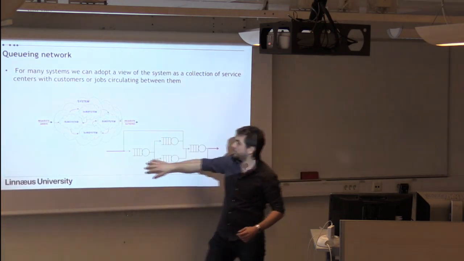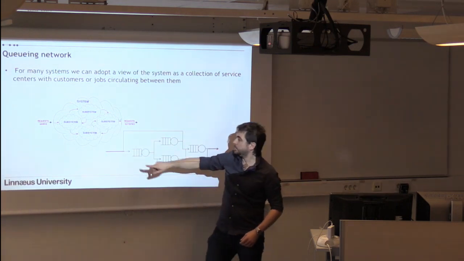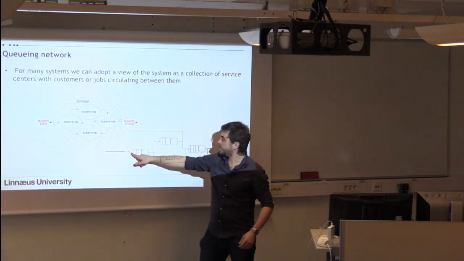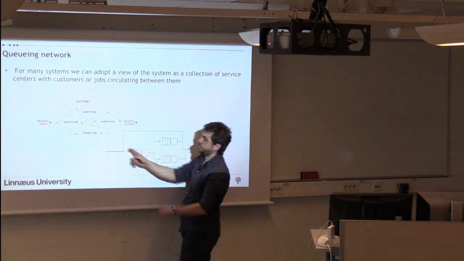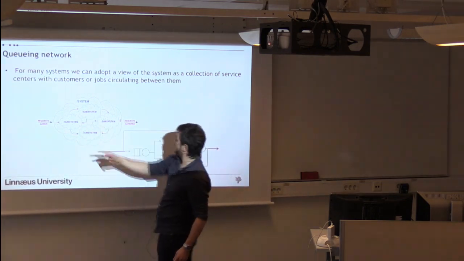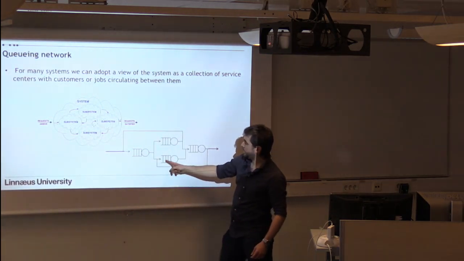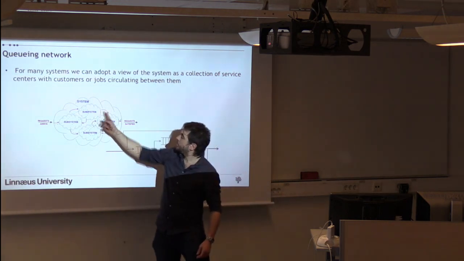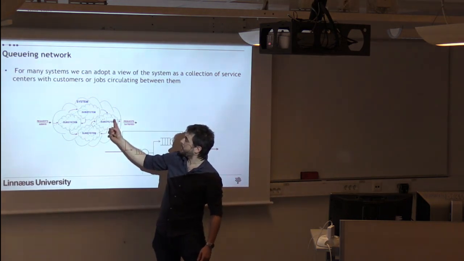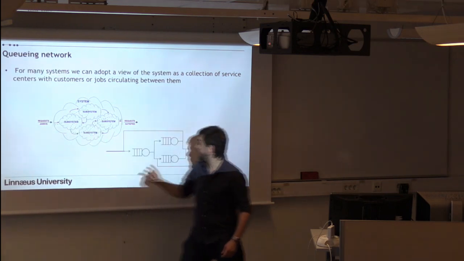So this represents the same as this. If the requests arrive and come to the first one, from the first one they can go up or down. If they go up, they can go to the last one on the right or come back to the first.